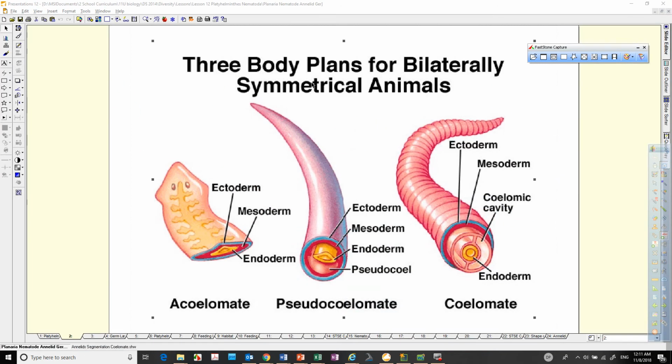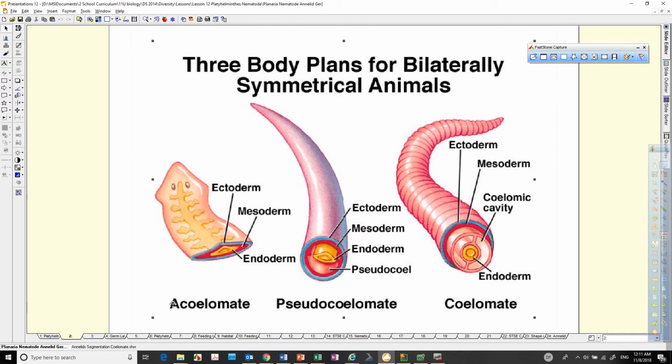So when you get to these bilaterally symmetrical animals, we have these body plans. And the body plans are named based on the fact that there is a body cavity. So the word that we use to describe a body cavity is the word coelomate. Coelom means body cavity. So now let's take a look at these prefixes here.